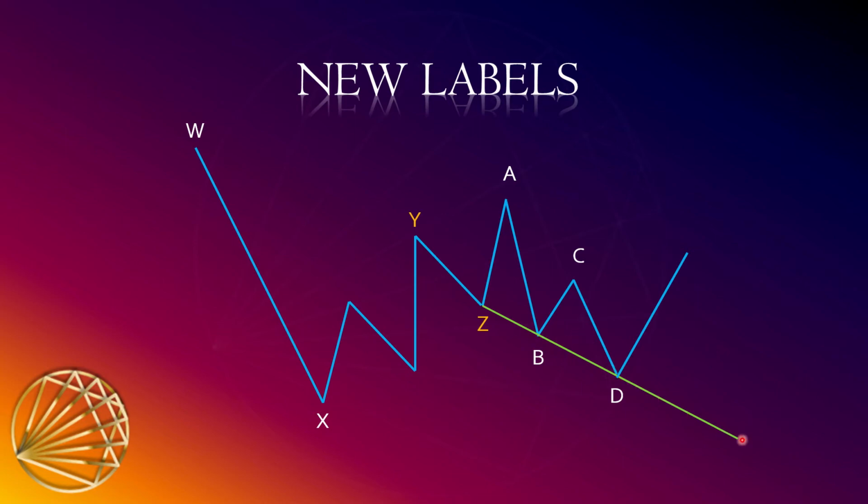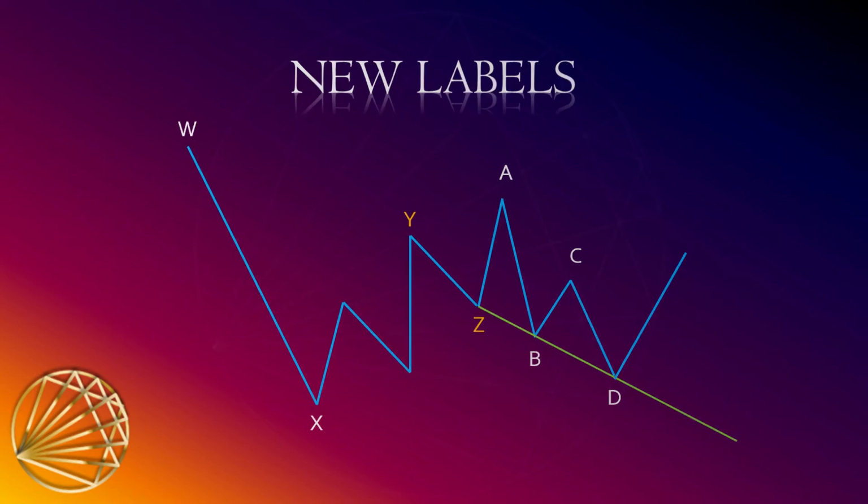Do we extend it off to the right forever, or is there an expiration date on this line? So in this revision of the Apprentice course, we've made a significant change in how we use the ZBD line, a more quantifiable way to use it to filter your trades, and this is what I've found is best.